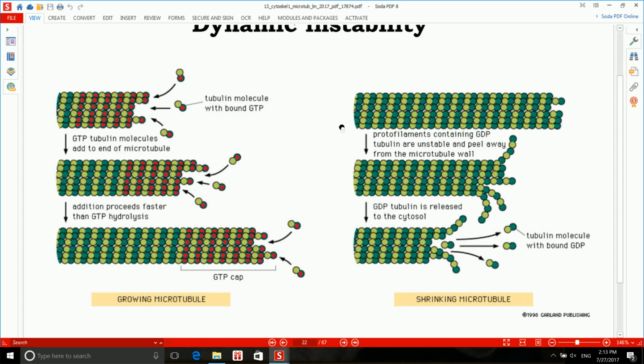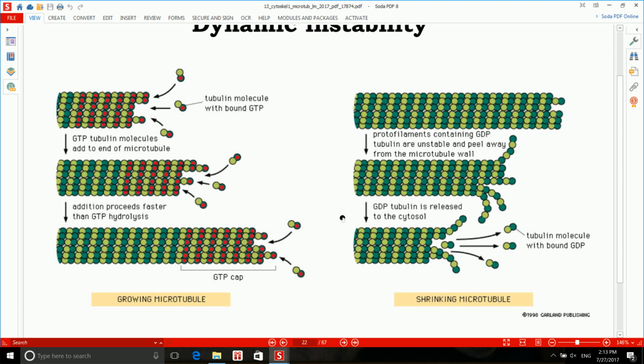And just keep in mind that, as we said, both microtubules and microfilaments are polarized. Don't mistake it with polymerized. They are also polymerized, but they are polarized. So there is a positive end and a negative end, like a battery.